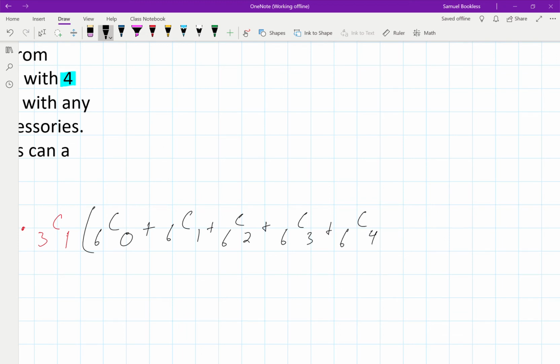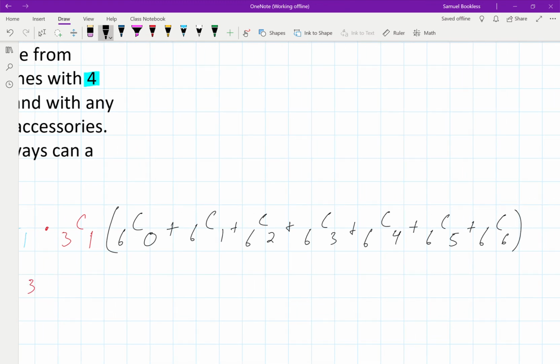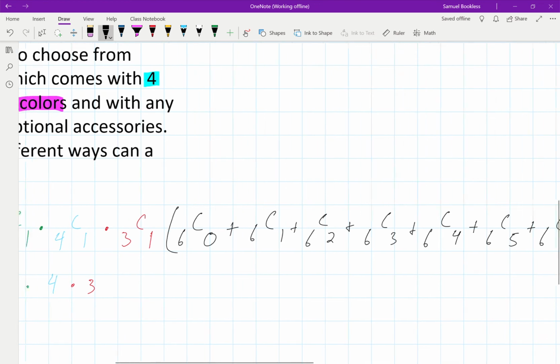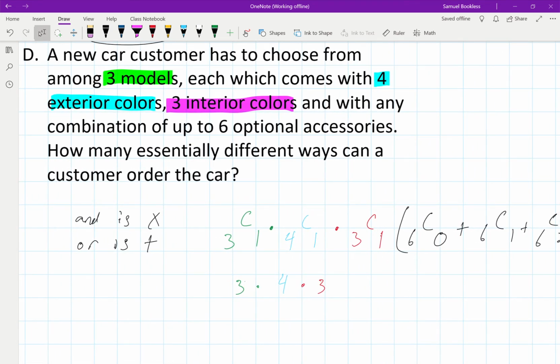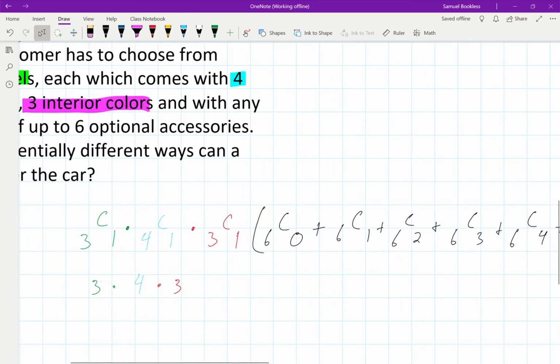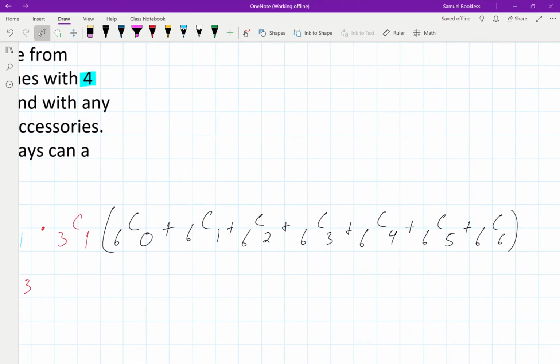Choose 4 of them. Choose 5 of them. Or choose all 6 of them. So again, I have this all in parentheses because it's still an and statement. It's still saying and with any combination. I just need to now list any and all of those combinations.